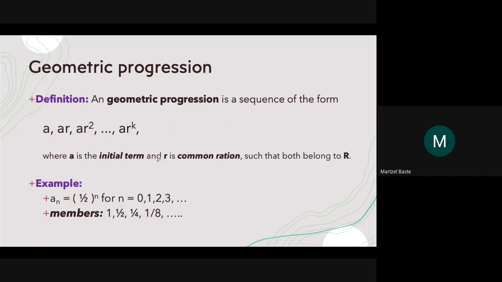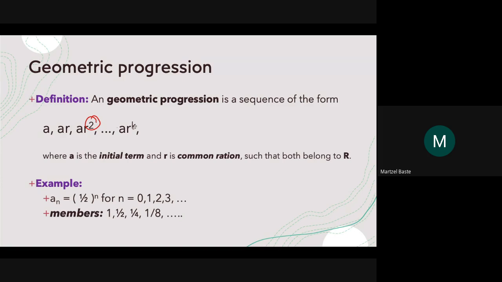Now let's proceed with geometric progression. So geometric progression, any number with a constant value, or the initial term, will raise its value or power, with values 0, 1, 2, 3, 4, and so on and so forth.